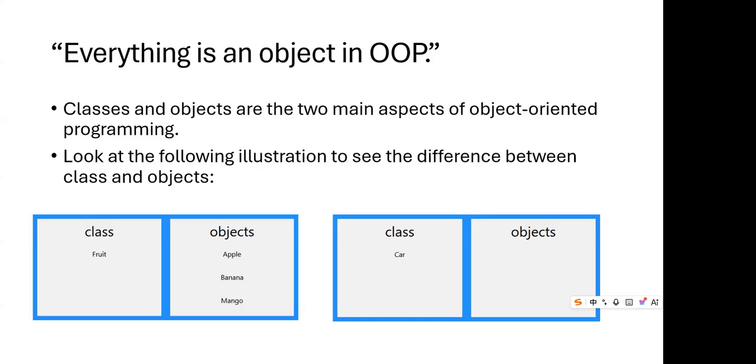But what if I change the template to Car? What objects can we have? Any volunteers? A Tesla? Yeah, Tesla. And what else? Or maybe Santana, right?